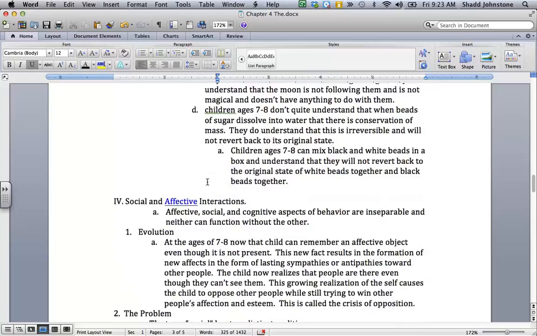Then we get into the social and affective interactions. I had to look up affective. That really helped me understand that it's an emotional thing that the kids are developing.